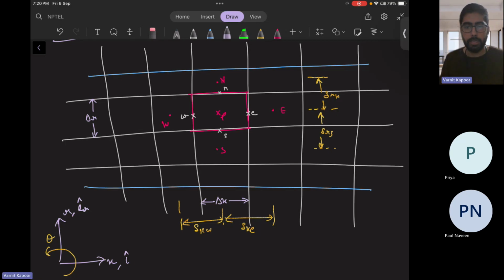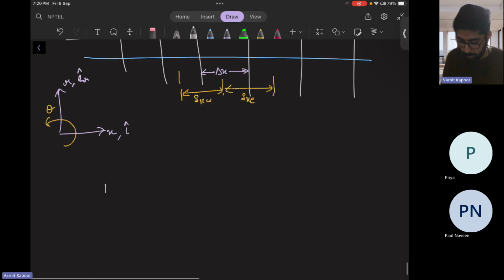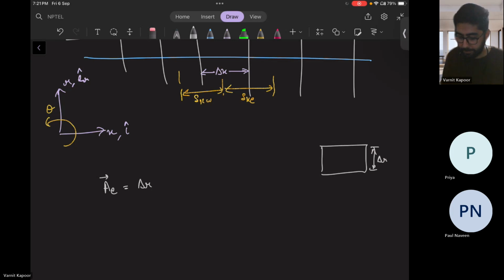I'll write all the areas here itself. So my A east will be how much? If this is del r, it will be del r. And what will be my A east?